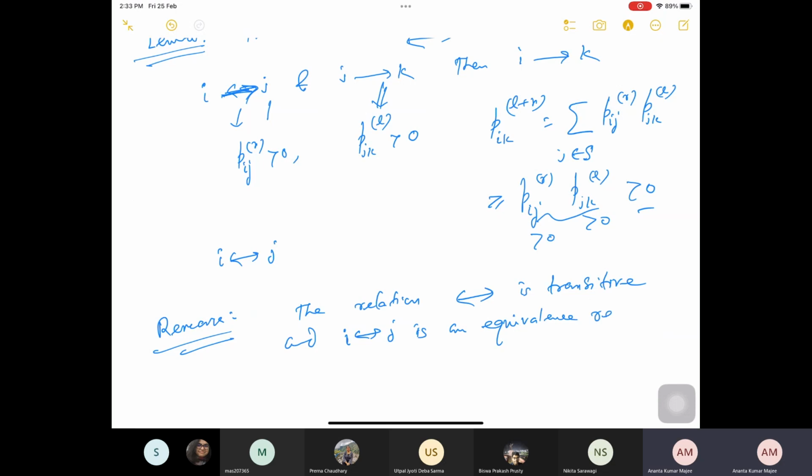You know the definition of an equivalence relation: it is symmetric, it is transitive, and so on. So you have this over my state space.